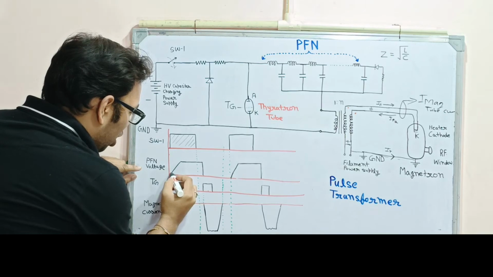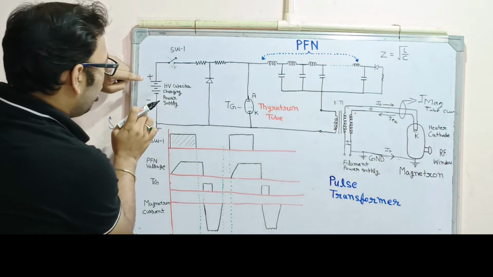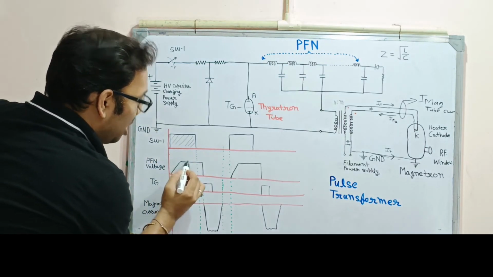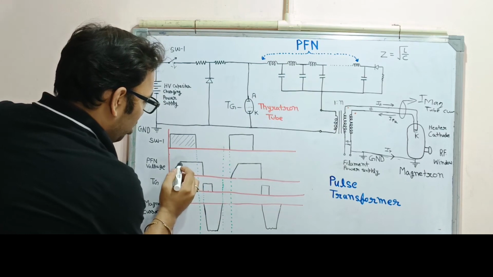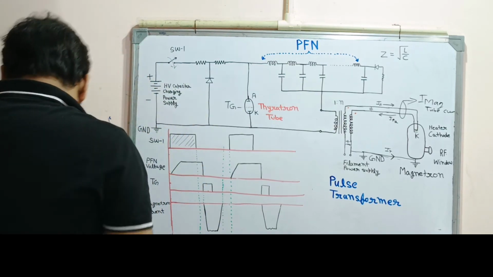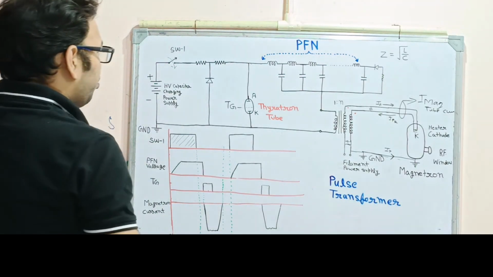So the voltage across the capacitor is rising and the PFN is charging to the same potential of this HUPS. So this is a straight line, means this is starting and charging. This is the charging. So how the charging will happen? Charging will happen in this path.